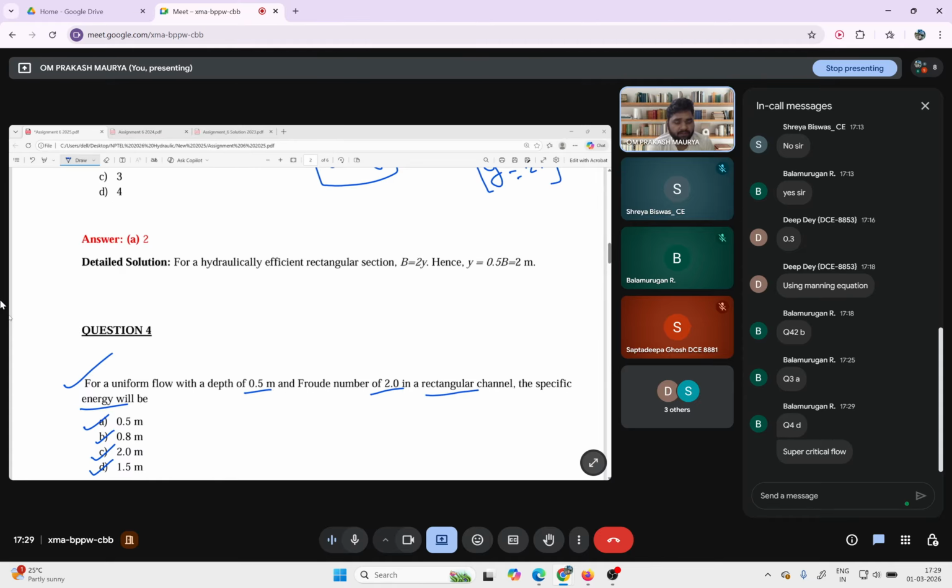Bala is telling supercritical. That is nice. If your Froude number is greater than 1, definitely it is supercritical flow. Bala is telling 1.5, the answer for this question, option D.